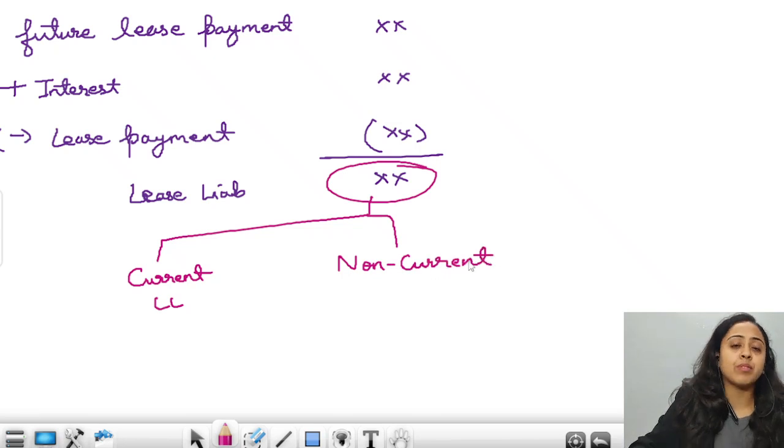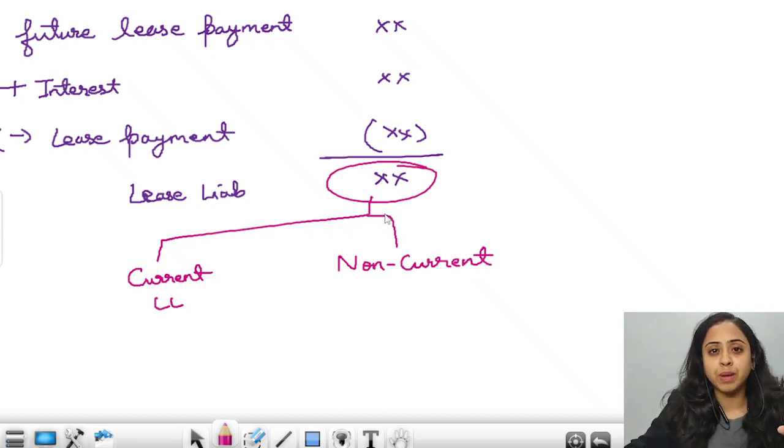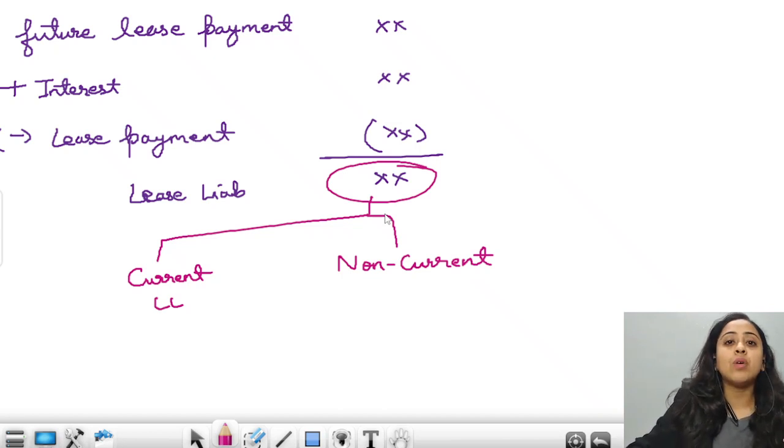Simple example. For example, there is a 5-year lease and 1 year has passed. For the 1 year of lease, you would have charged that 1 year payment into the P&L. Now the remaining outstanding balance is for the remaining 4 years. Now what will you show?